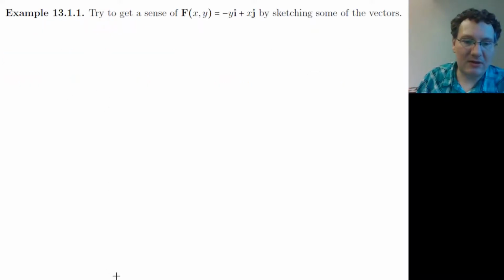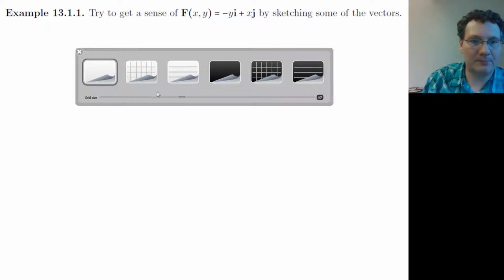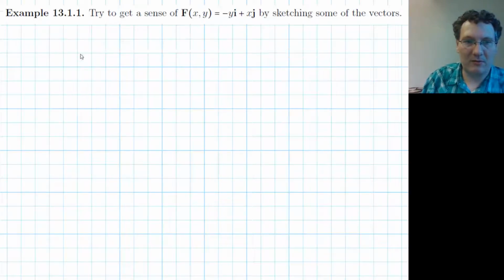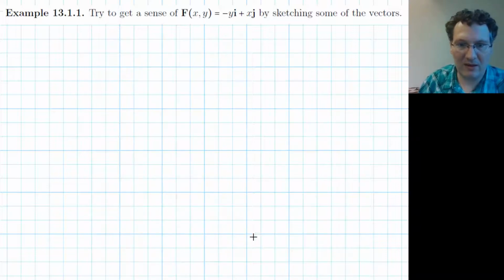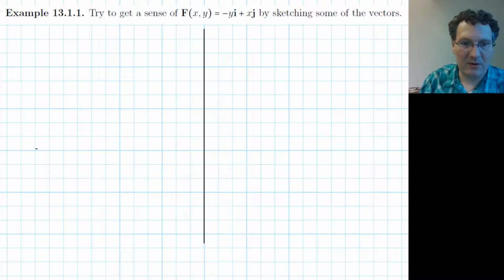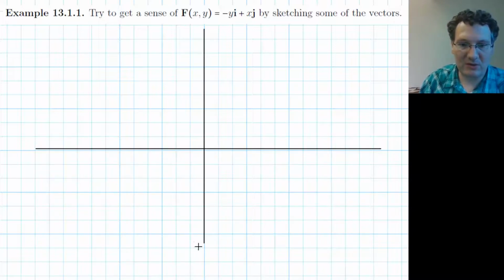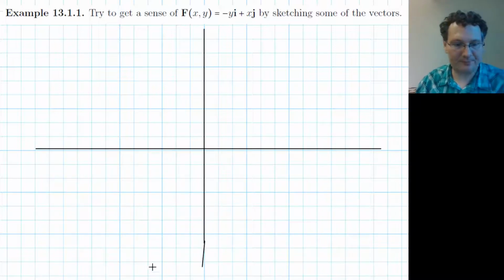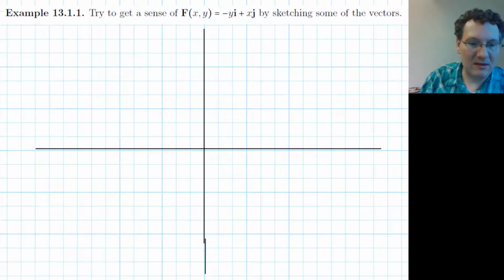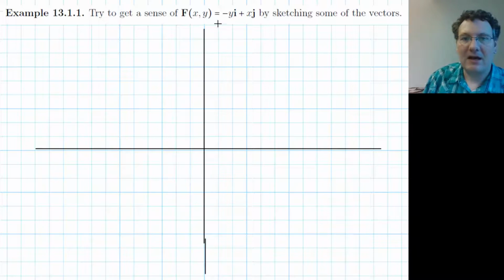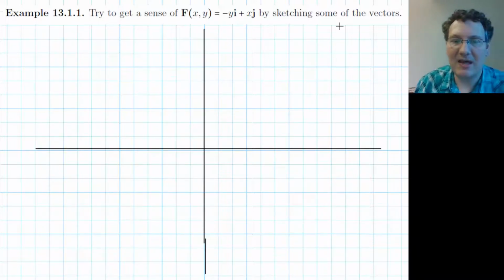So let's think about what this would look like. I'm going to put, okay, a background of a grid, and let's try to think about what this vector field F of (x, y) equals negative y i plus x j would look like.